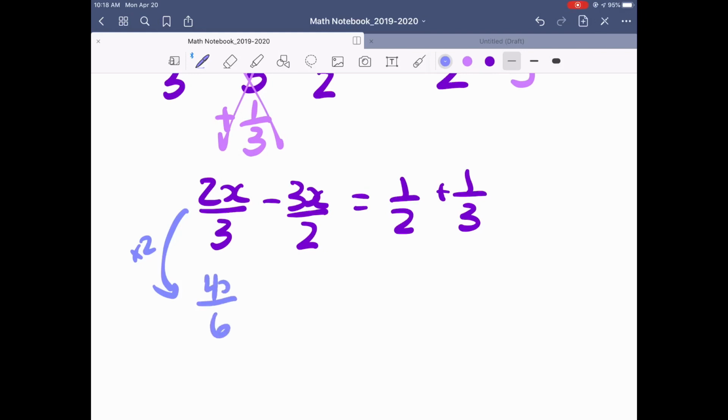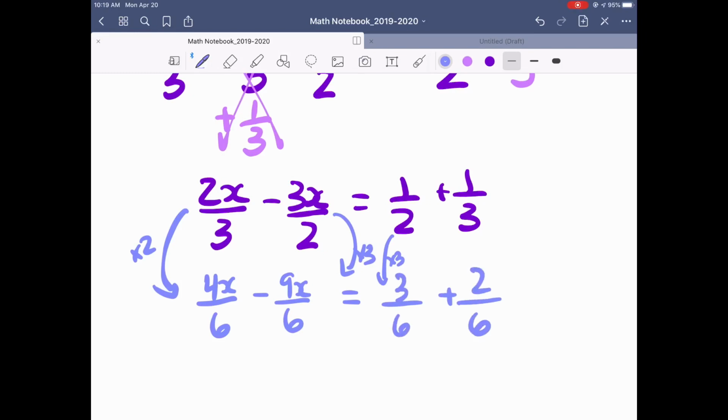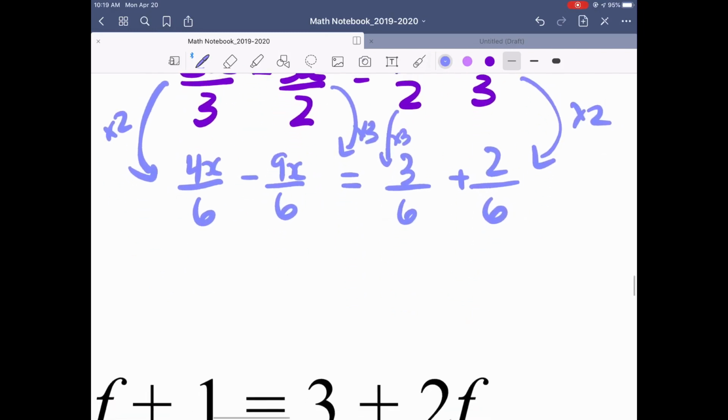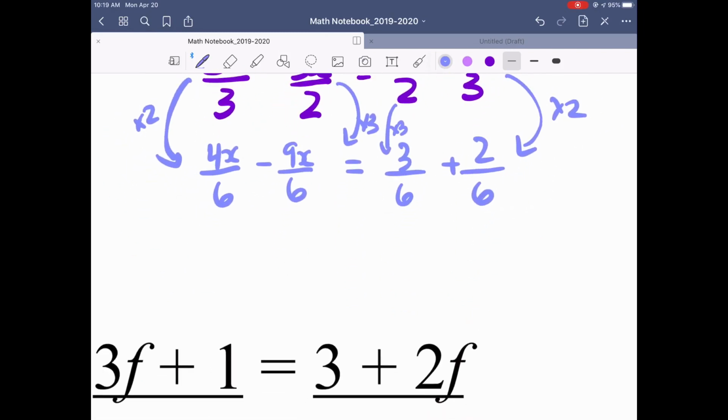So that would give us 4x over 6 minus, this one's going to be multiplied by 3, so this would be 9x over 6 equals, again, this one's multiplied by 3, so 3 over 6 plus 2 over 6. This one's multiplied by 2. So now that they all have a common denominator, we can add and subtract on each side and simplify.